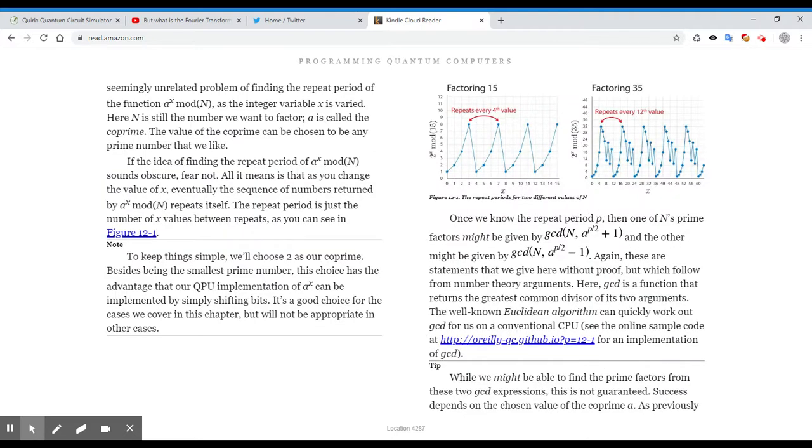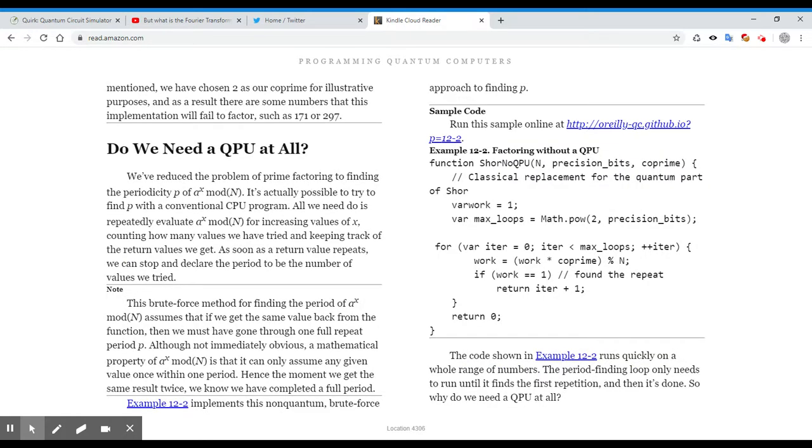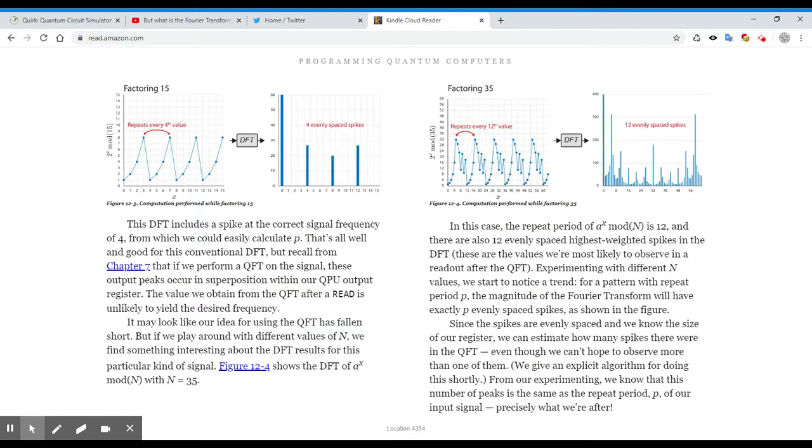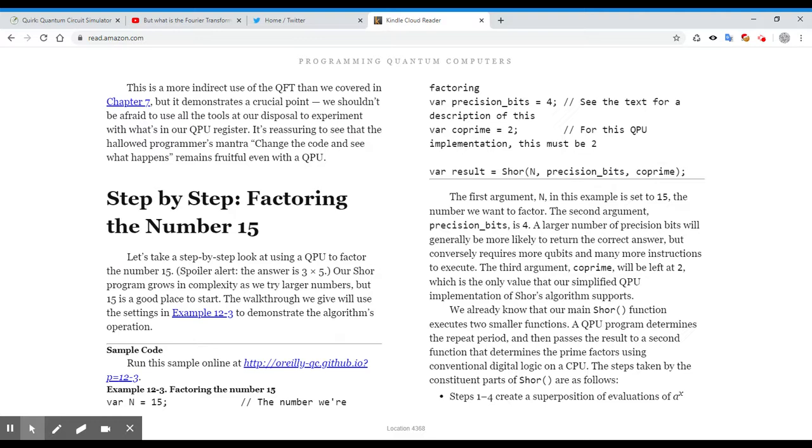because according to their own definition, Shor's should use the QFT, not the inverse, right? But then when they do this, they say factoring number 15.